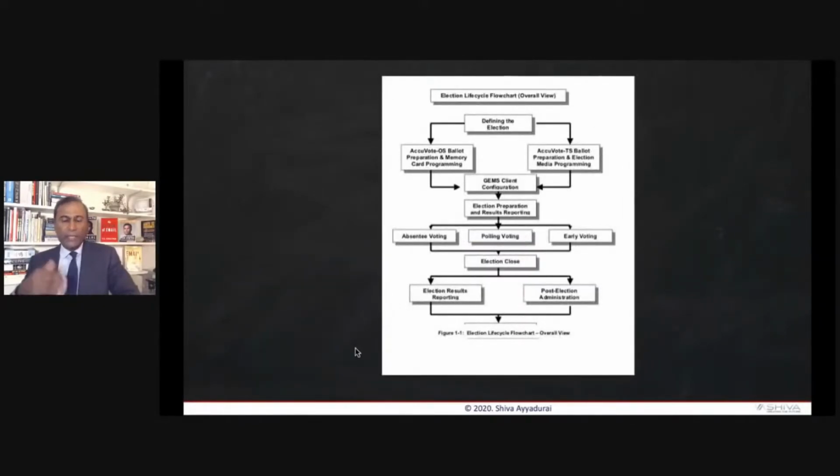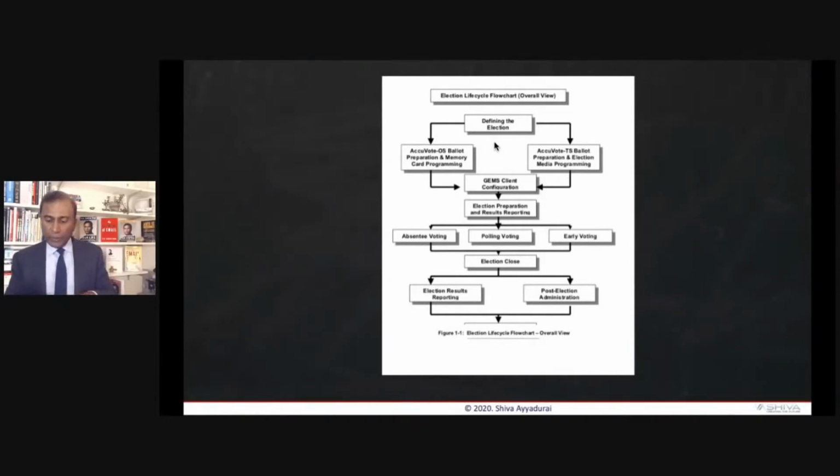So first of all, if you have the chance to read this manual, I'm not saying you should, but if you do, you'll find out that these software systems do everything. They handle the entire election cycle, from setting up what the ballot should look like, how it should be printed, how the data is captured, what kind of race. You can create ballots for a one-on-one race, for a one-on-three race, with three people running, for different kinds of race types, they call it, okay?